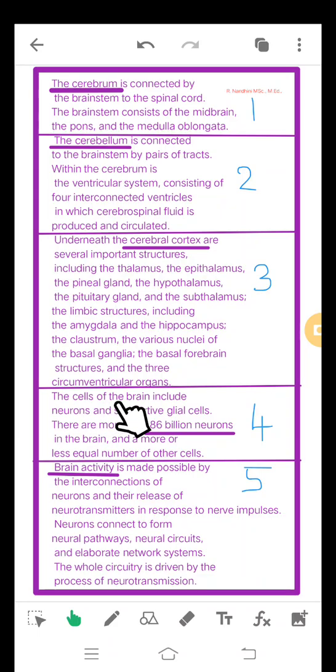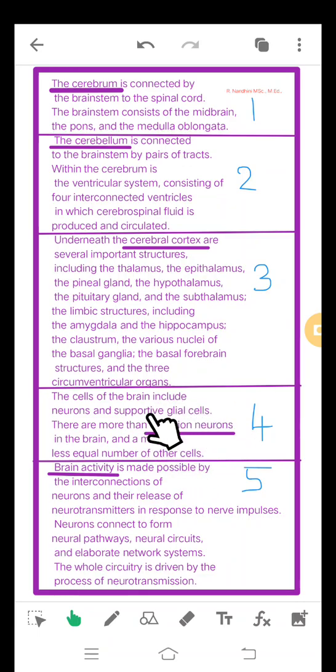Then the cells of the brain include neurons and supportive glial cells. There are more than 86 billion neurons in the brain and more or less an equal number of other cells.